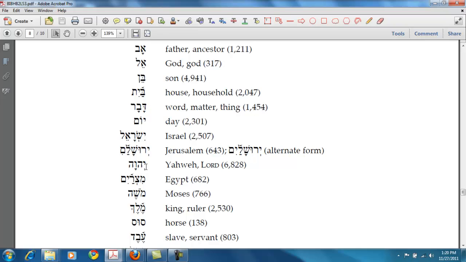And we have the tetragrammaton, the four letters Yod He Vav He, for Lord.